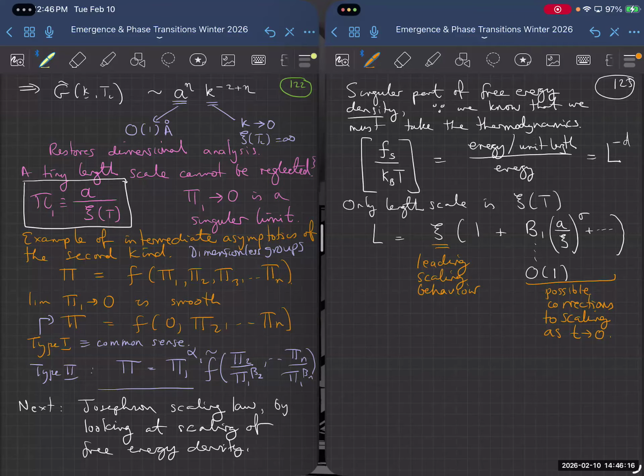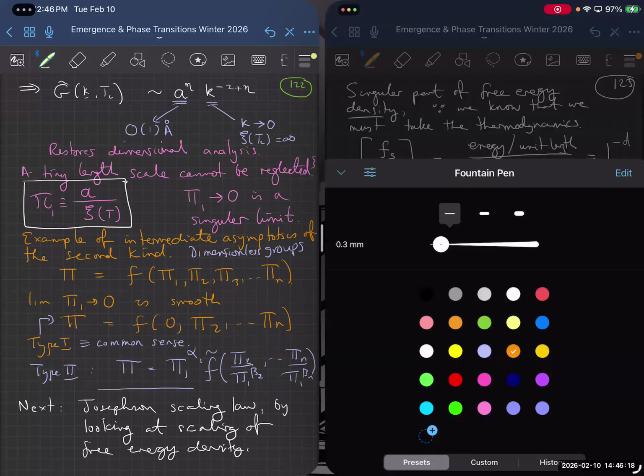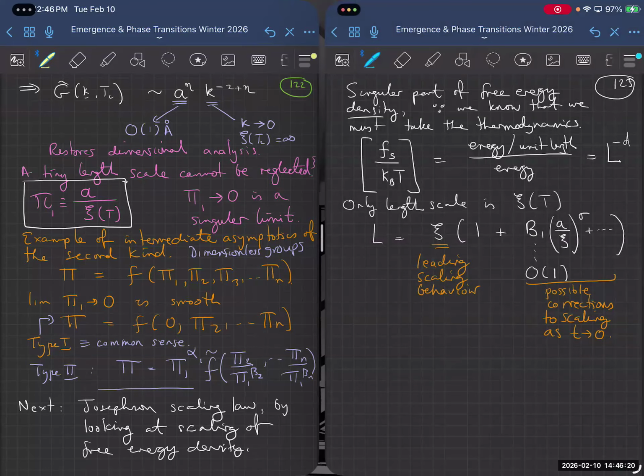So let's just look at the singular part of the free energy density. What we expect, as we are going towards the critical point, is that Fs over kBT is going to scale like the correlation length to the power minus d.